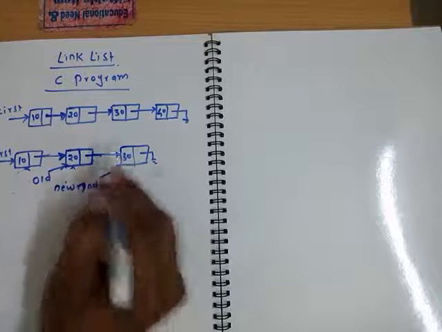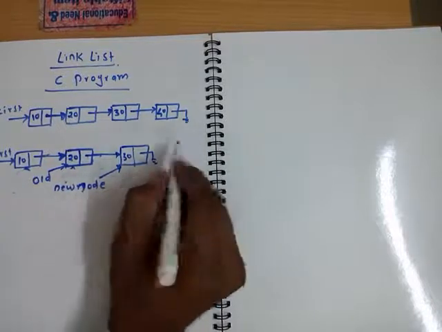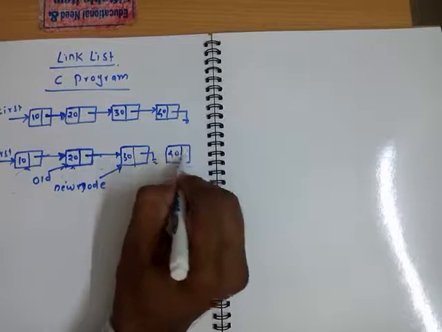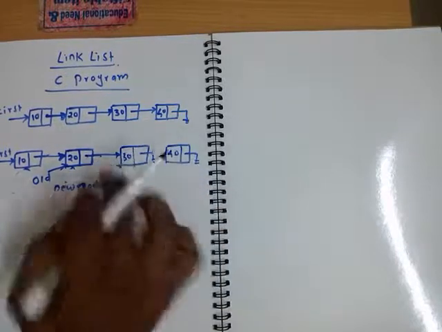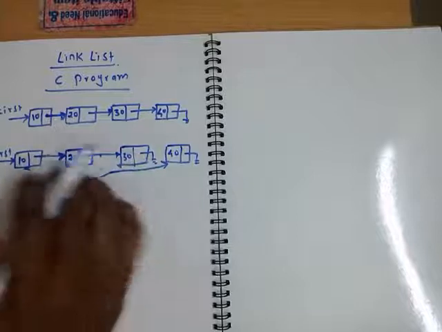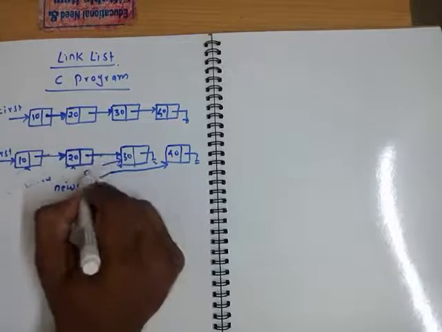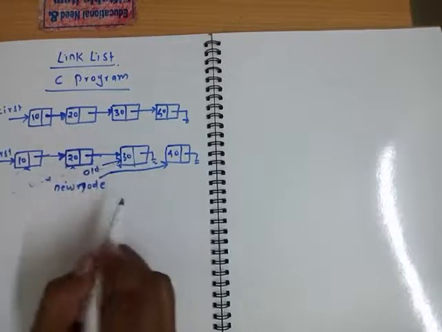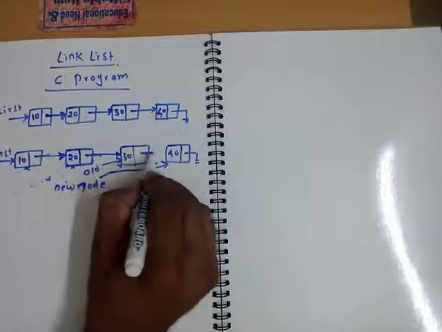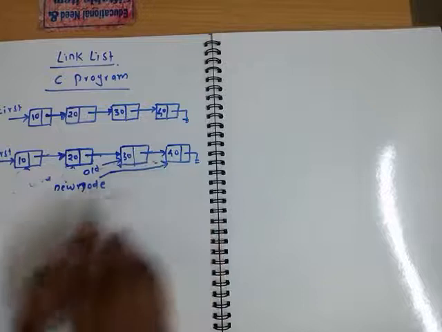Like this. Like this, I'll create one more node if I have 4 nodes in the linked list. And that node will be pointed by new node again. Before that, I have moved old here. So now again I'll say old arrow next is equal to new node. So this link will be created.